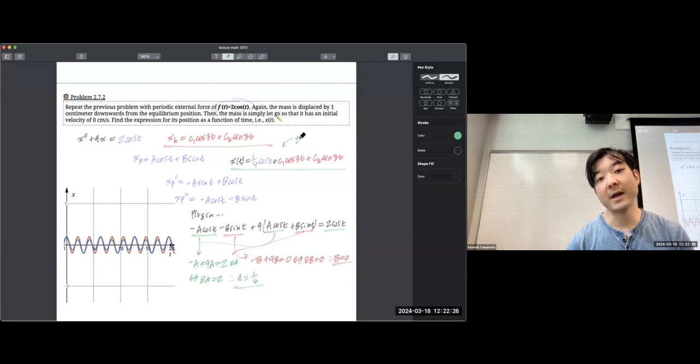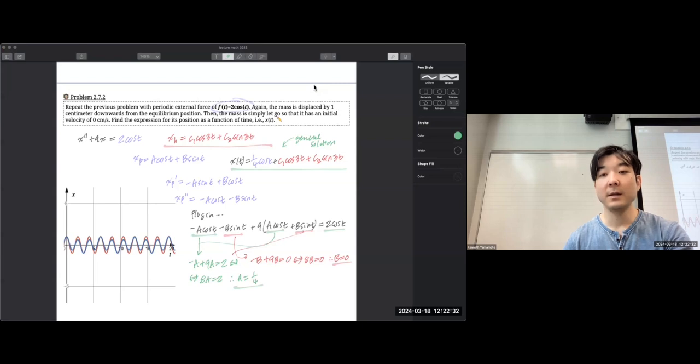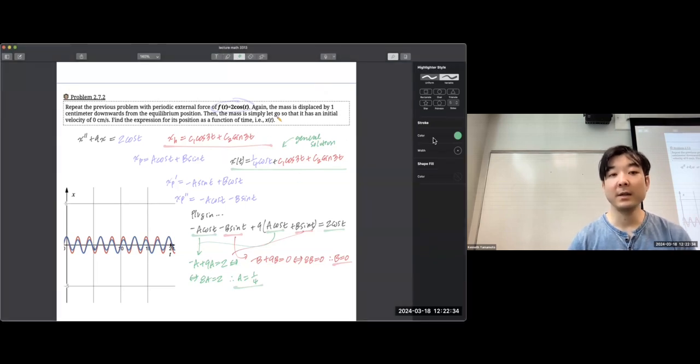We want to find the actual solution that solves the initial value problem. And the way you're going to do that is apply initial conditions. So what does it say? Displaced by 1 centimeter downwards from the equilibrium position, and then it's simply let go so that it has an initial velocity of 0. So it's a vertical spring mass system.